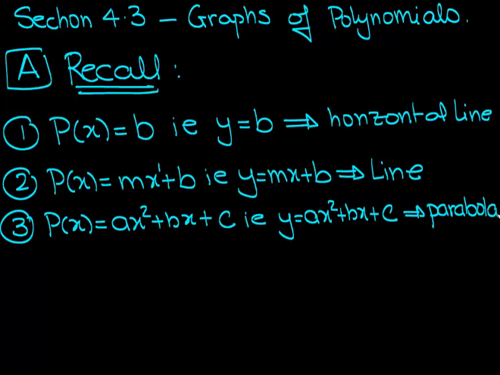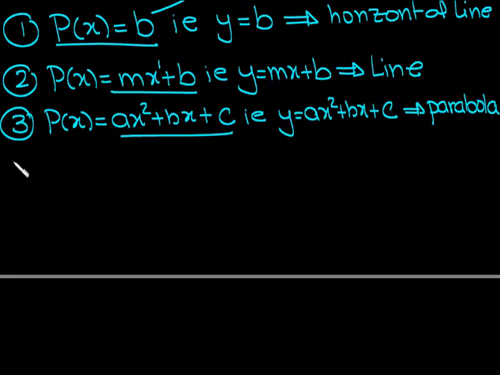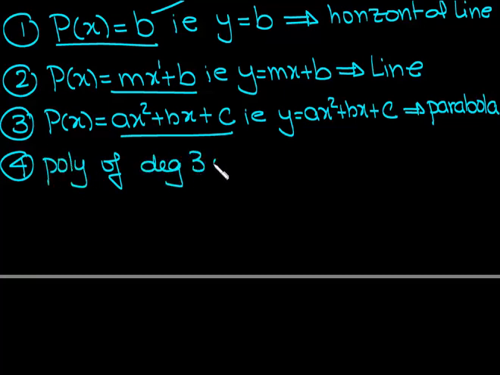Okay, so we already know how to graph 3 polynomials. We use a constant polynomial, degree 1 polynomial, degree 2 polynomial. So we already know how to do that. What we want to do in this section is, now, what happens if you have a polynomial of degree 3 or higher?